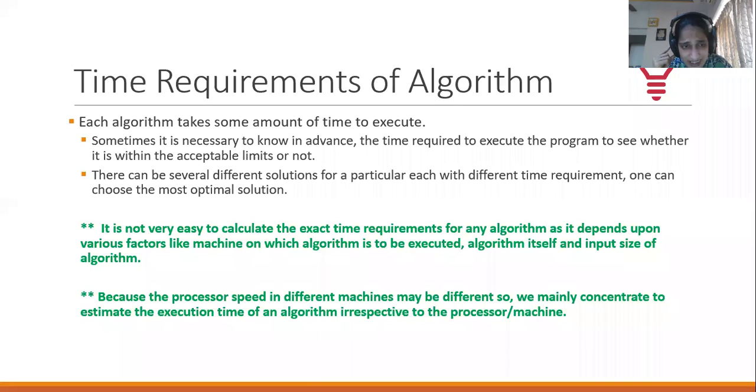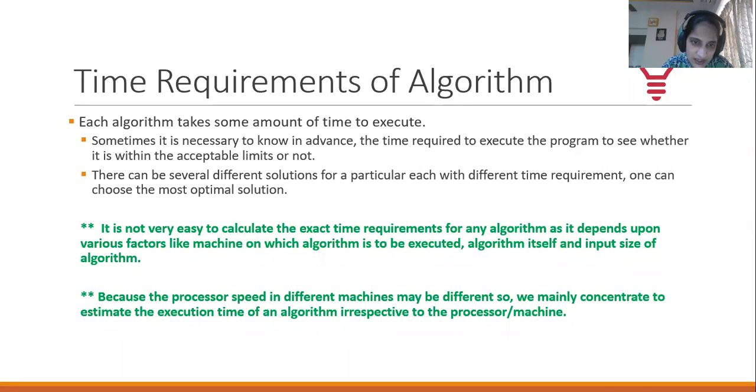So it is not very easy to calculate the exact time requirement for any algorithm, as it depends upon various factors, like the machine on which the algorithm is to be executed, the algorithm itself, and the input size of the algorithm. Again here, just giving a very simple example, let's say we have to write an algorithm to sort 20 integers, and we have to write an algorithm to sort 20,000 integers.